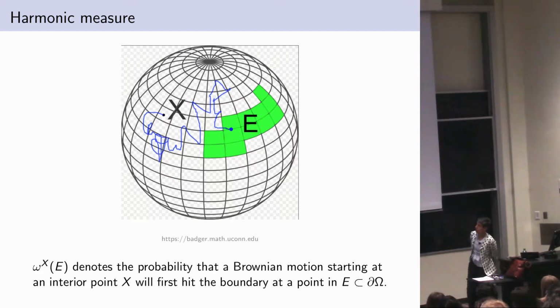It is the probability that if I start a Brownian motion, a random walk, from x all the way to the boundary, I'm going to hit the boundary at some point, and it's the probability that if I start at x, I will first hit the boundary at a point e. Okay. Many of the things I'm going to say here with respect to PDEs can be formulated in probability terms, but we're not going to do that.